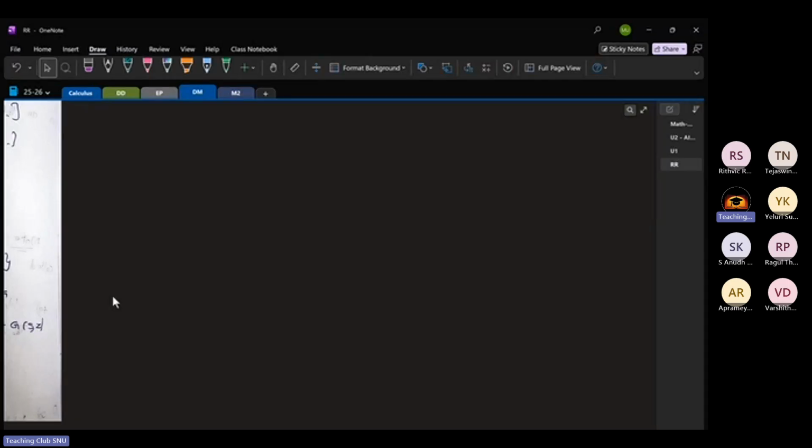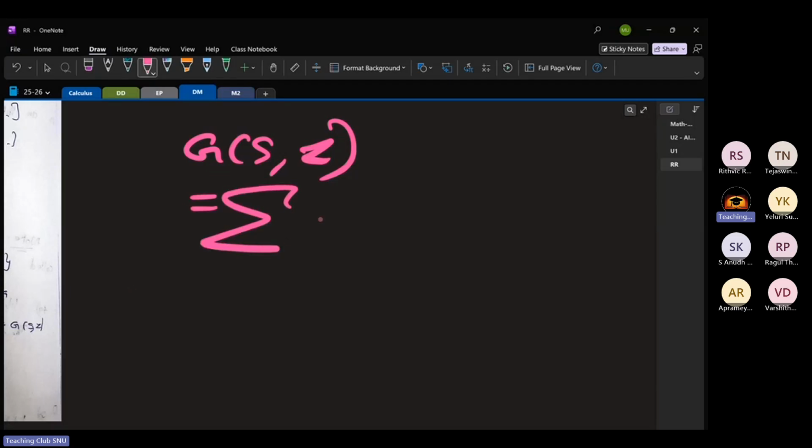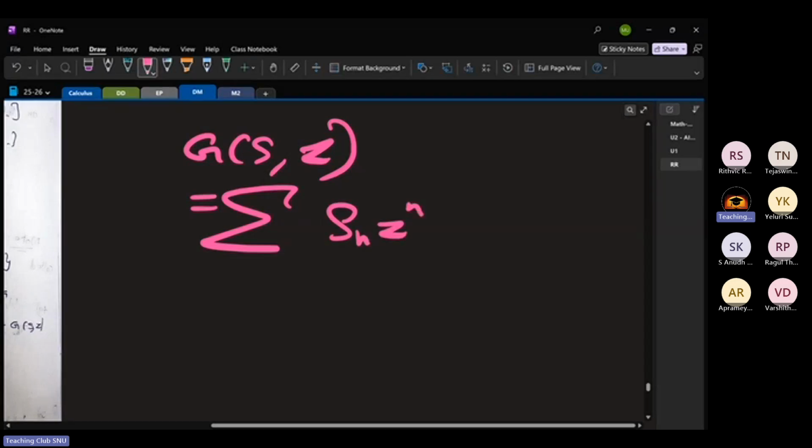And that form I'm comfortable with is g of s comma z. So g of s comma z is always equal to the summation of Sn z power n from n equal to 0 till infinity.